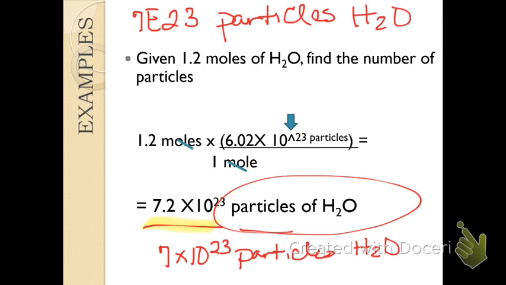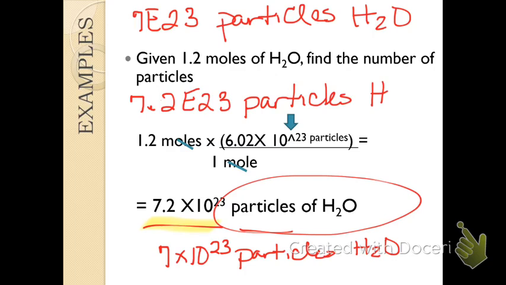That's if I wanted it to the nearest whole number. If I have it to the nearest tenth, I can have 7.2 E 23 particles H2O. See the different ways it's represented to the nearest tenth and how it's represented to the nearest whole number.